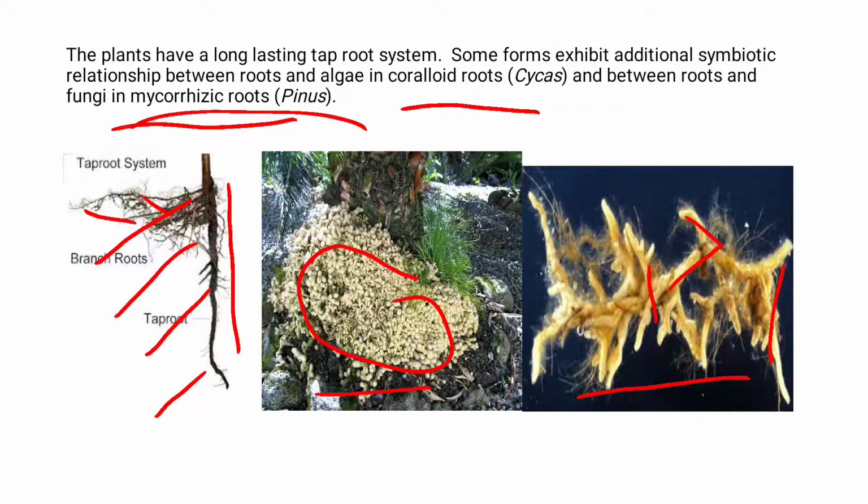Surrounding those roots, you find these thread-like structures. These thread-like structures are nothing but the mycelium of fungi. So in Pinus, the roots show symbiotic association with fungi. So this is about the morphology of roots.